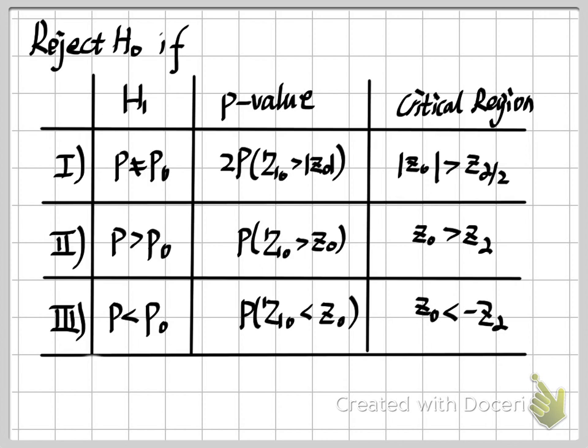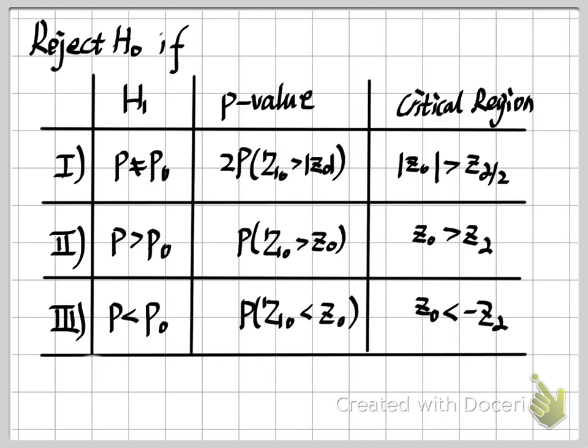And because of the symmetric property of the normal distribution, the p-value is 2 times the probability of capital Z0 greater than the absolute value of small z0. This is the way we compute the p-value here.